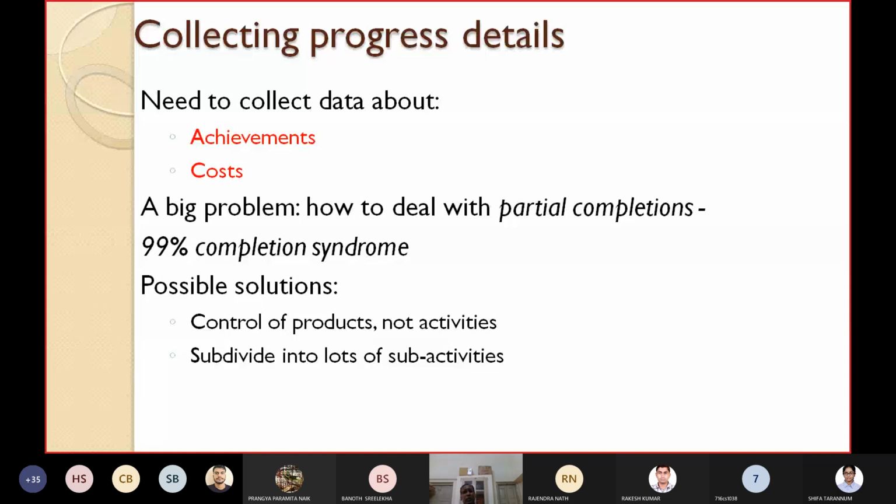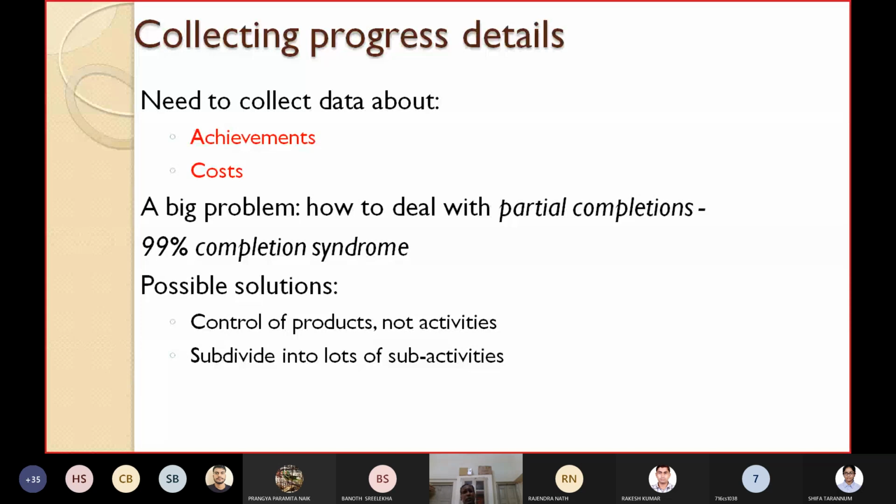In some cases, the intermediate products can also be used as activity milestones.